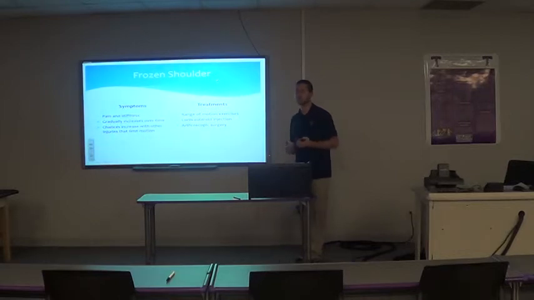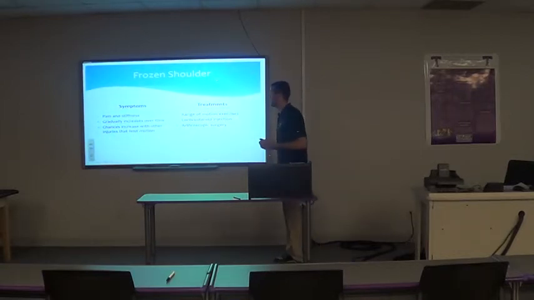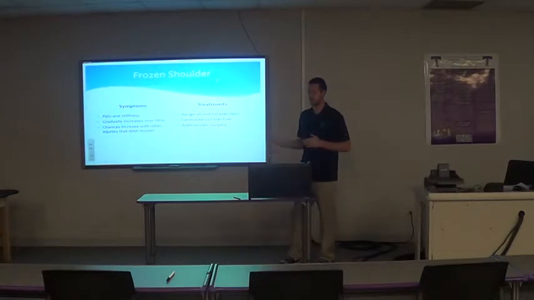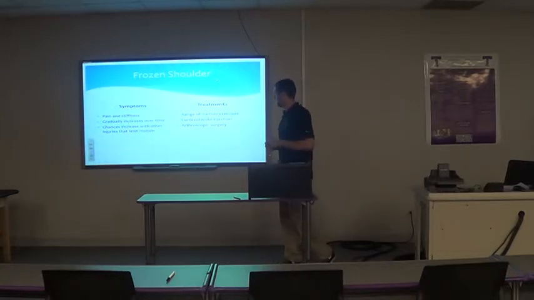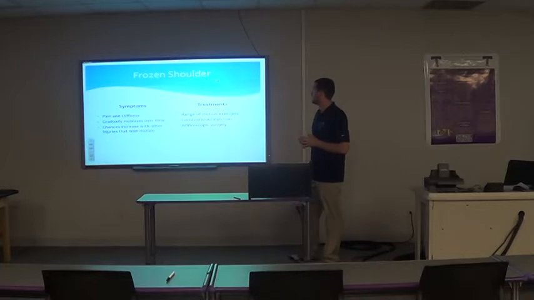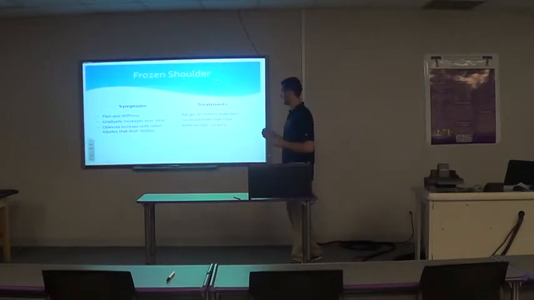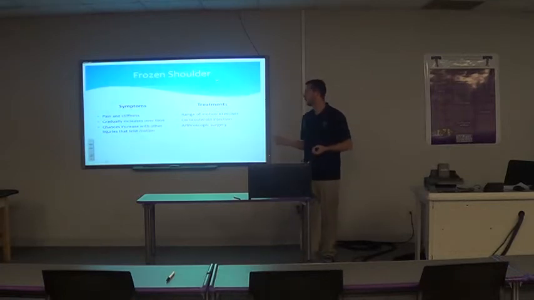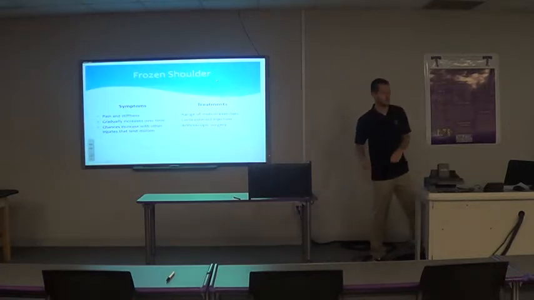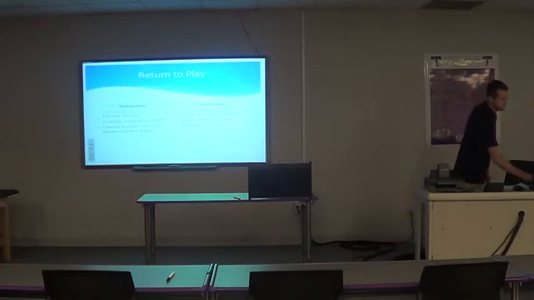So if you just had surgery, or been immobilized for a little while, that's something that can typically come along. Treatments, range of motion exercises, corticosteroid shots, again, like I say, pain and inflammation helps with that. And then sometimes you might have to require surgery to help loosen it up in there.